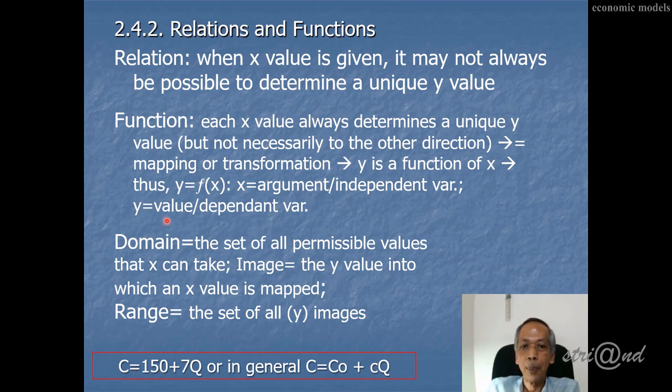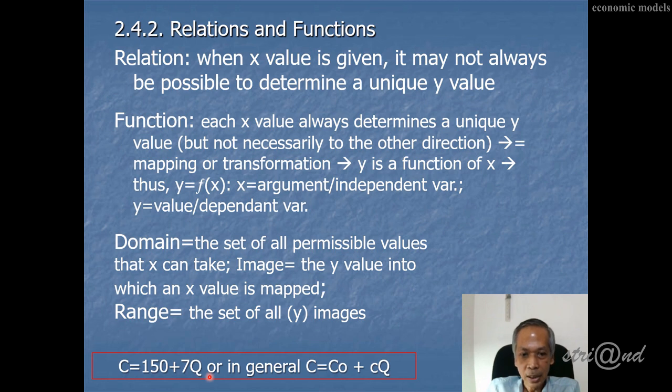But if it is a function, it is not necessarily true that the relation works in the other direction. It is not necessarily the case that each value of c is in relation with a unique value of q. That's not the case for a function.